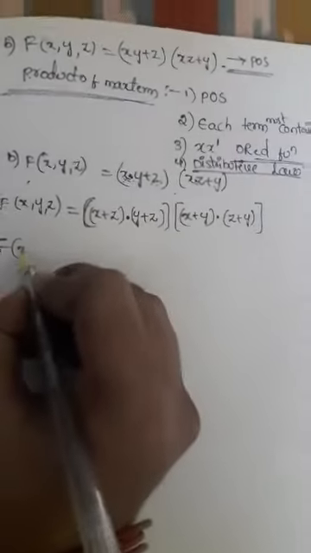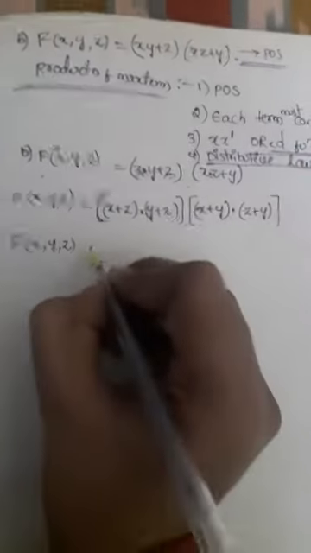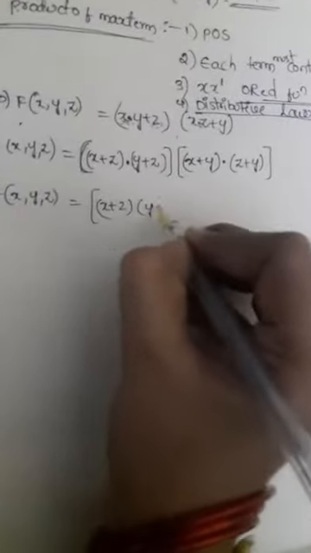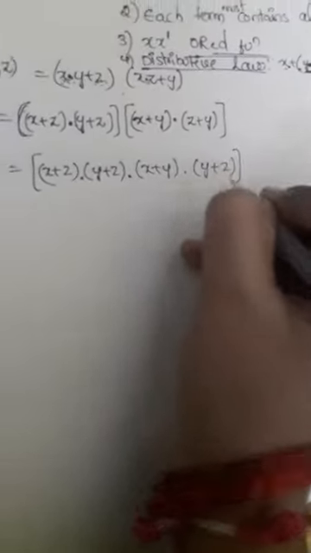So (x + y)(z + y). So it is applicable, right? Now simplify this part. So f(x, y, z) = (x + z)(y + z)... all the terms will be in multiplication, right? So I can write it like this: (x + y)(y + z)... f(x, y, z) = (x + z), is it repeated?